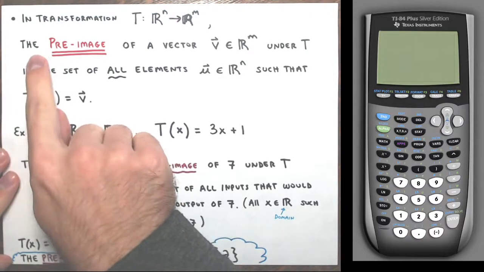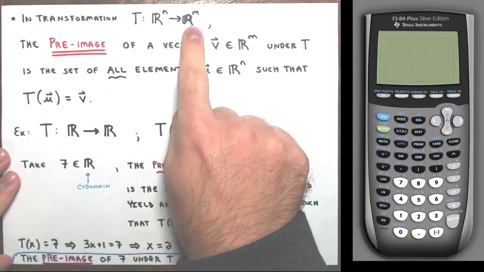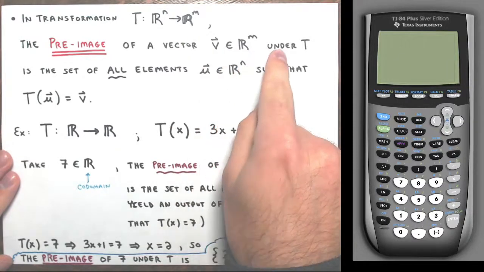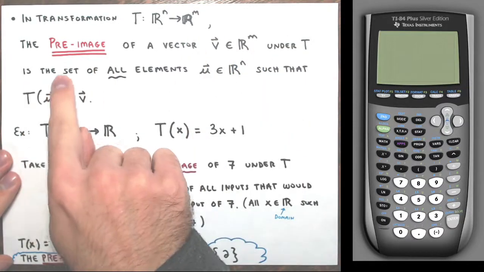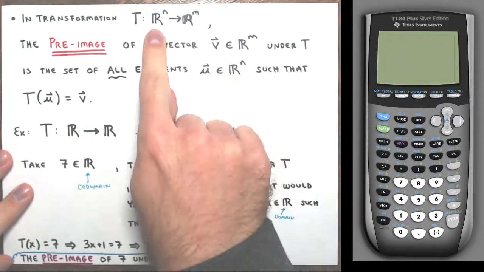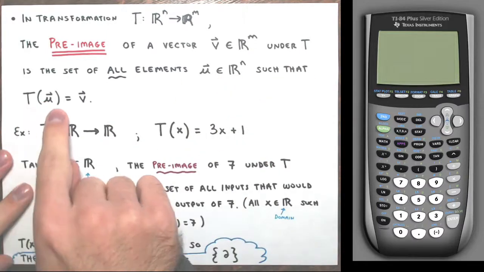My bad. This is the other way around. The pre-image of a vector v in the output set, in the codomain Rm, under T, is the set of all elements, all vectors u from the domain Rn, such that T of u equals v.